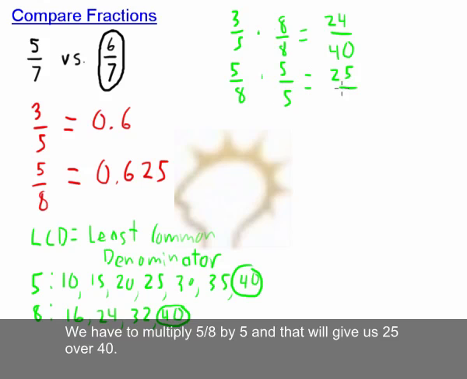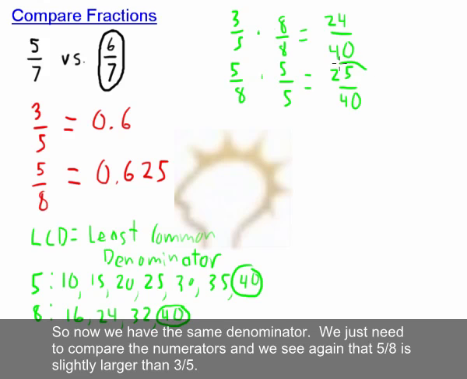We have to multiply 5/8 by 5 over 5, and that will give us 25 over 40. So now we have the same denominator. We just need to compare the numerators, and we see again that 5/8 is slightly larger than 3/5.